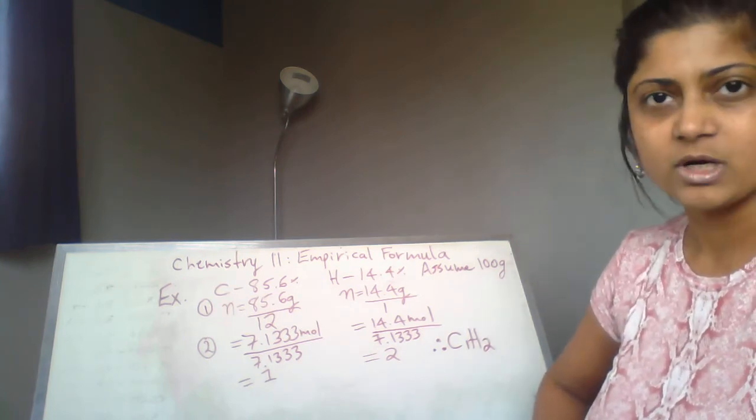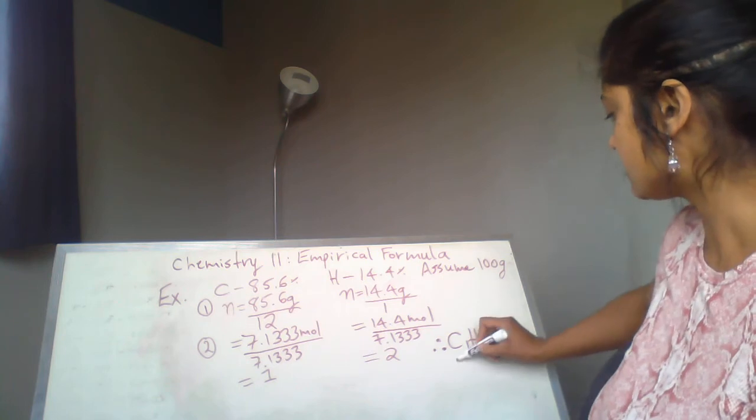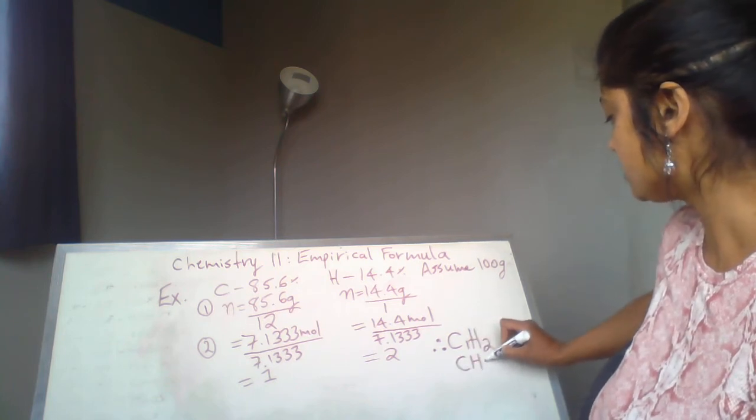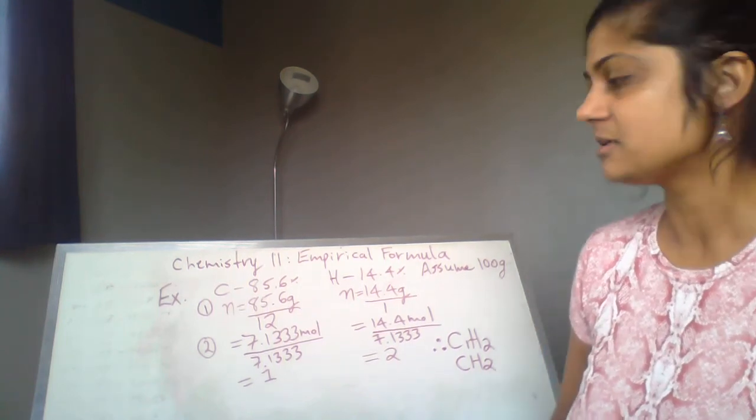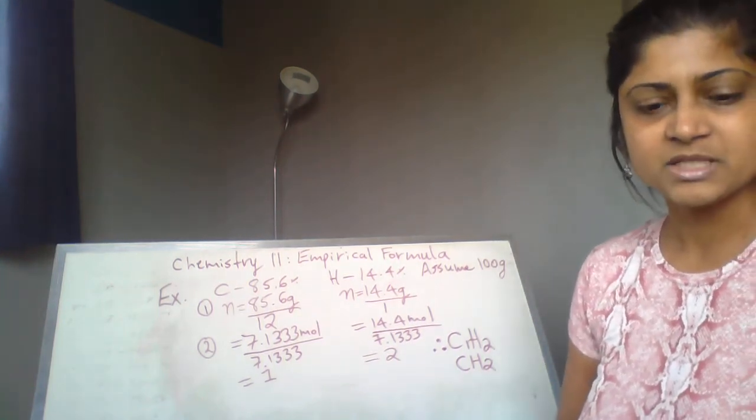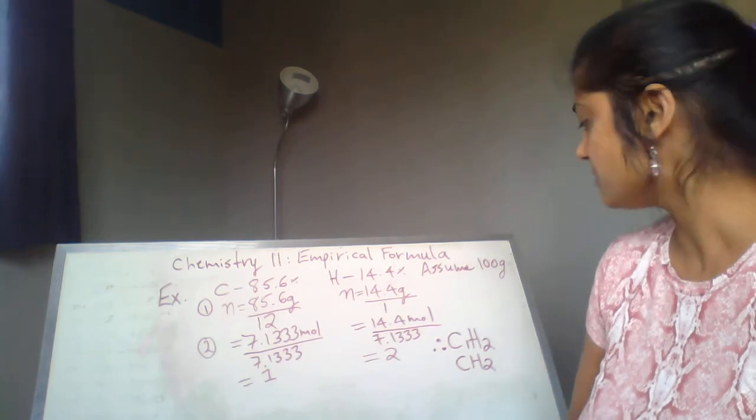I don't need to write 1, I can just leave it like this. So I'm going to write CH2, and this is the final formula. It is CH2, the empirical formula.